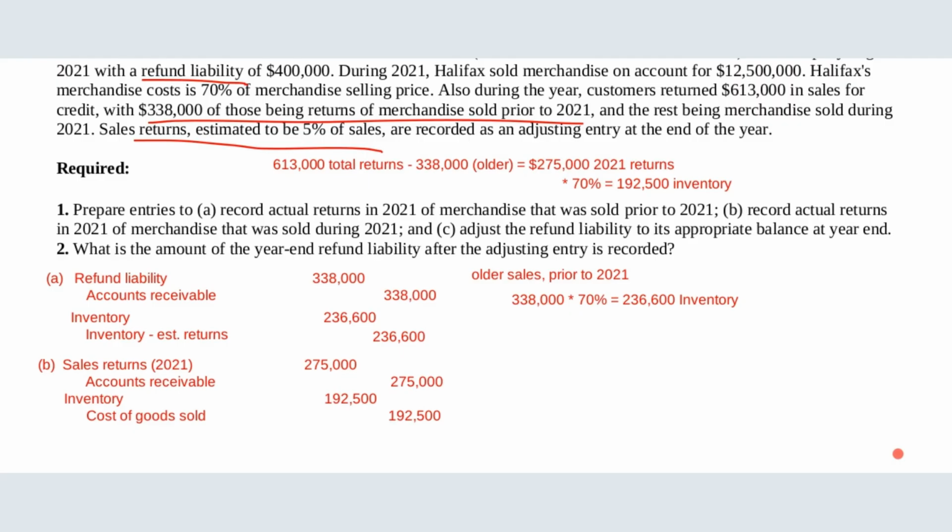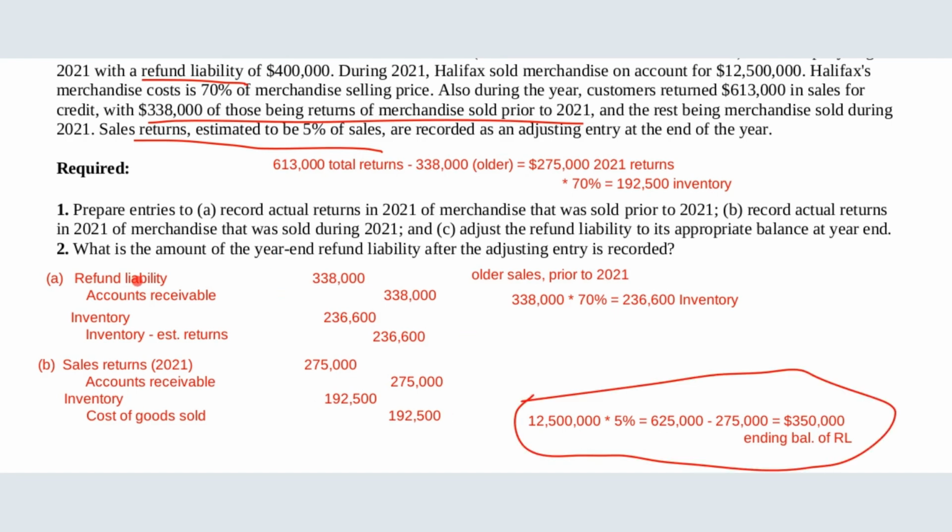Our total estimated returns for the year is 625,000, and customers have already returned 275. So that means that the ending balance in the refund liability account should be 350,000. Okay, so this is the ending balance of the refund liability account.